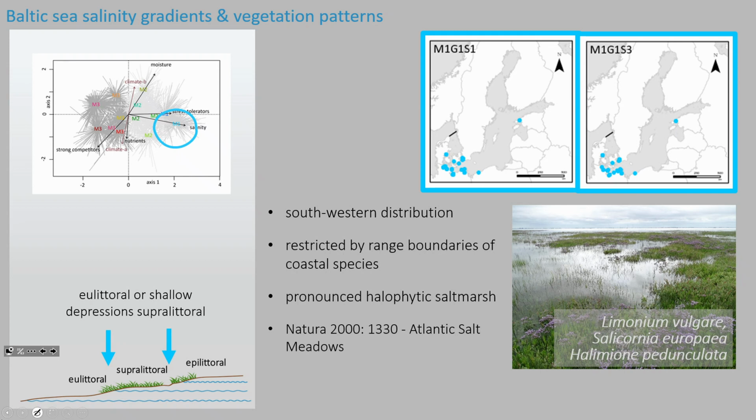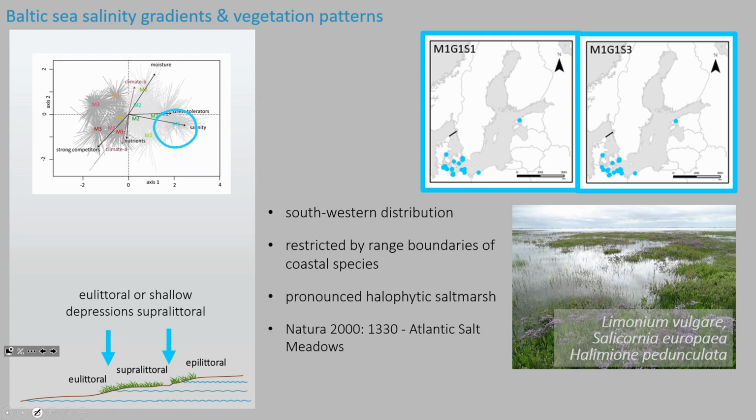The first example I want to show you is a group of plant communities that occurs only in the southwestern corner of the Baltic Sea coast. They are most similar to those communities that we find along the Atlantic and North Sea coast, although they are already a bit less saline or a bit more brackish.